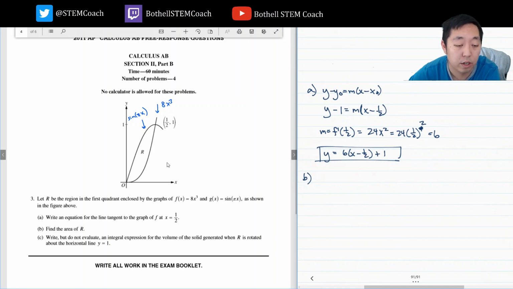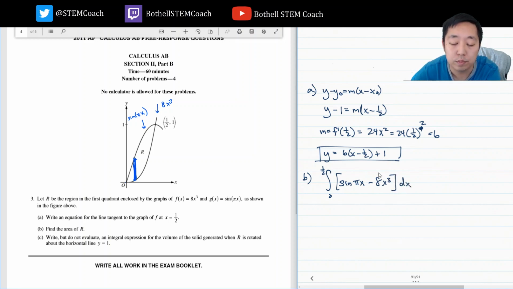Find the area of R. The area of R would be the integral where each sliver's height is the distance between the two curves, which would be sine of pi x minus that. So I'm going to integrate from x equals 0 to 1/2 of sine pi x, which is the higher one, minus 8x cubed dx.